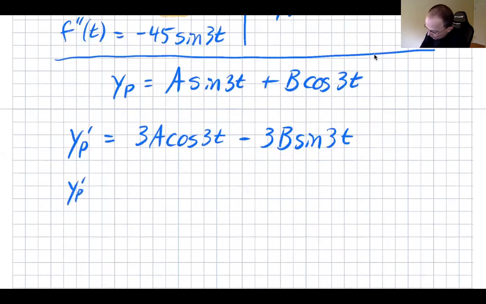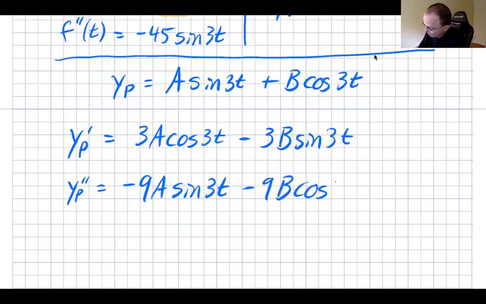The second derivative will be minus 9a sine 3t minus 9b cosine 3t.